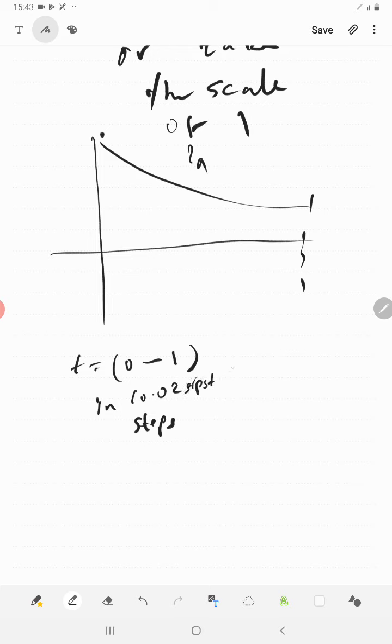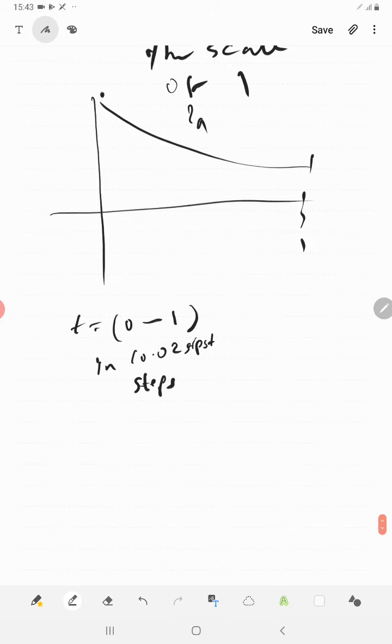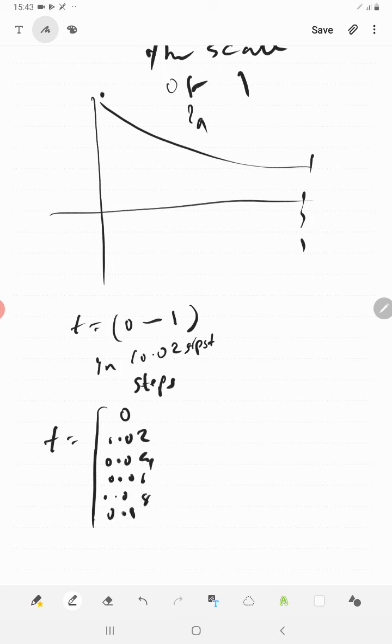So you'll take in that case maybe 50 points. So t will be 0, 0.02, 0.04, 0.06, 0.08, 0.1, and so on, okay?